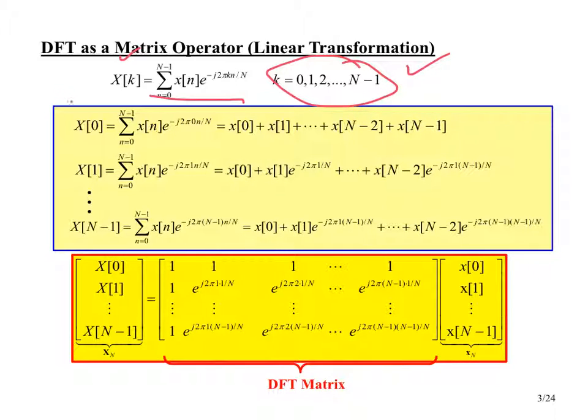So for k equal to 0, we have little x of 0 plus x of 1, adding up all the way out to x of N minus 1.